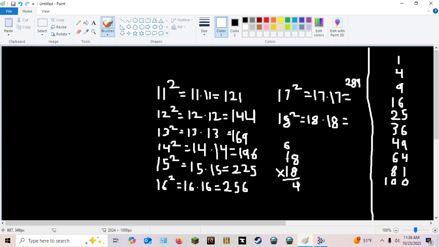Now 8 times 1 is 8 plus 6, which is 14. Cancel the 6, add a 0. 1 times 8 is 8. Now 1 times 1 is 1. Add. 4 plus 0 is 4. And then 4 plus 8 is 12. Now 1 plus 1 is 2 plus 1, which is 3. So this actually equals 324.